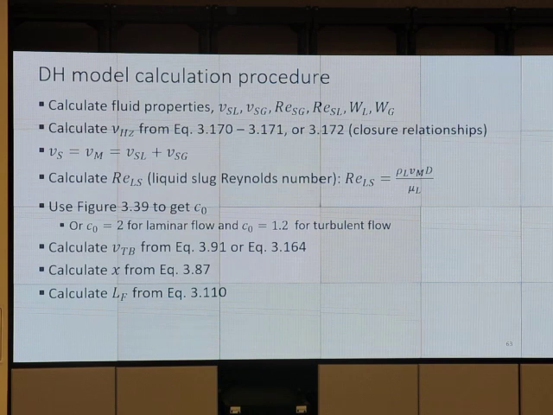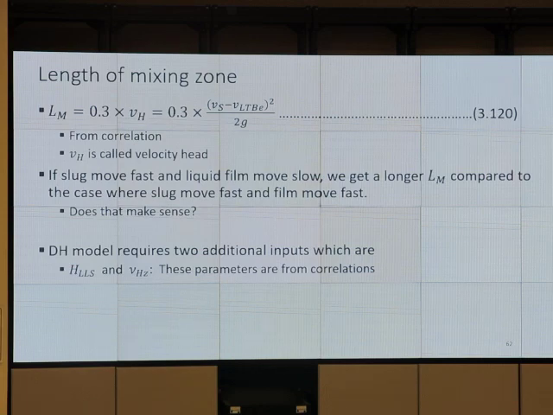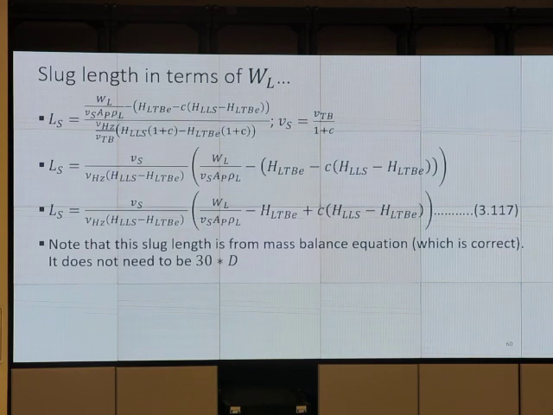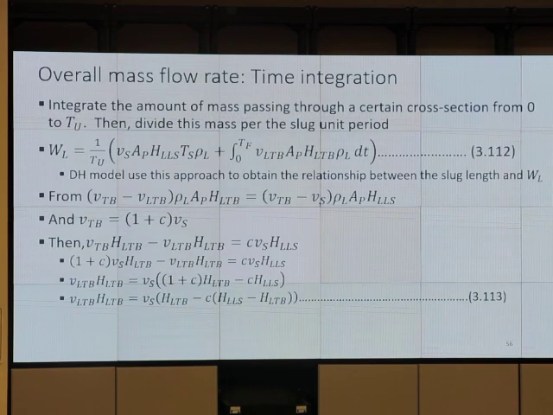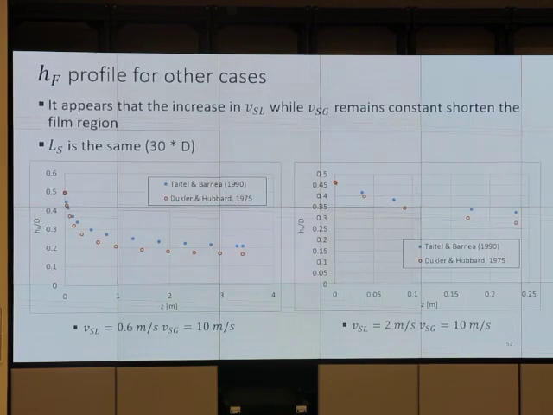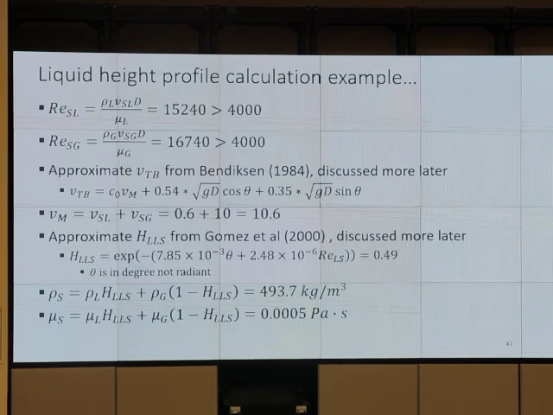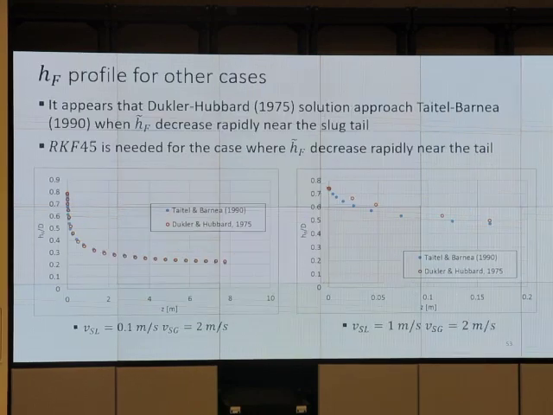Then we calculate the film length, equation 3.110. That is the equation based on mass balance with several assumptions that we discussed last time. Do you recall that? 3.110. Okay, that's what this is.